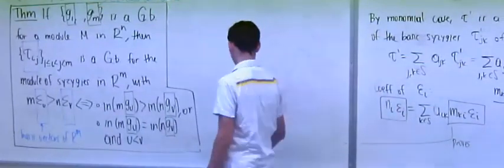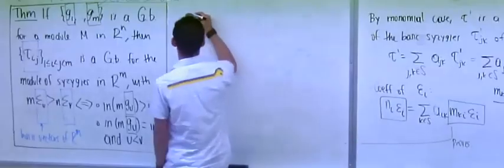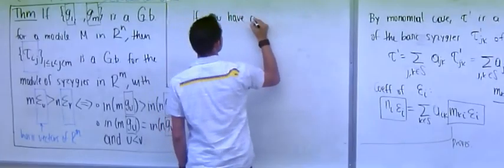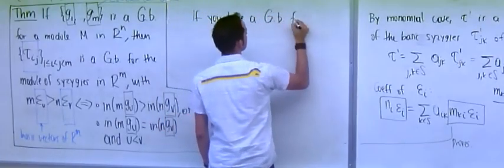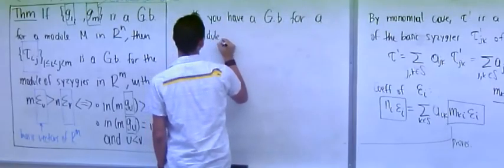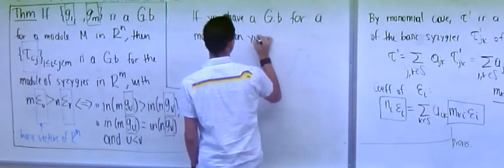So, in words, if you have a Gröbner basis for a module, then you have a Gröbner basis for its syzygies.